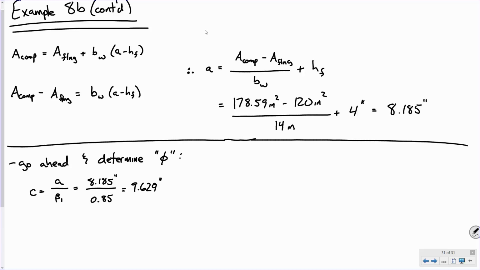Okay. So now that I've got c, I can calculate the strain in the steel, 0.003 times (d minus c) over c, which is 0.003 times... What is d for this problem? 30 inches minus 9.629.